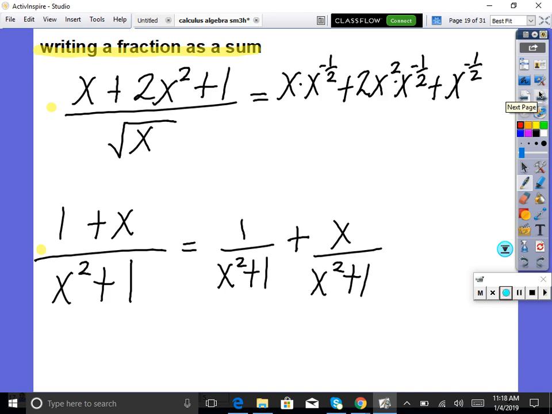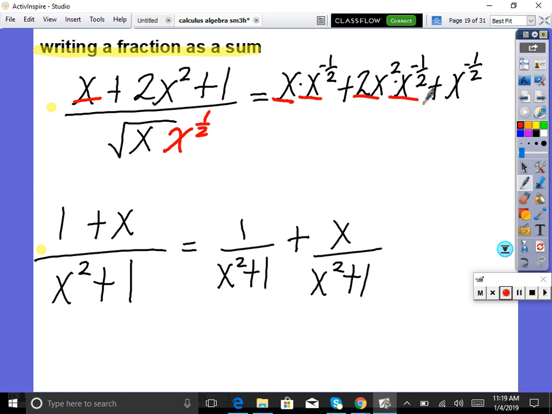Okay, if I said to you, write this fraction as a sum. Instead of a fraction, I want this just to be a sum. You'd say, okay, well, I've got to bring this root x, which is x to the 1/2, out of the denominator. Can't I do that by bringing it up? But if I bring it up, wouldn't I need to put it with each piece? Yeah, because they're all divided by that. So do you see how they have the x times x to the negative 1/2?